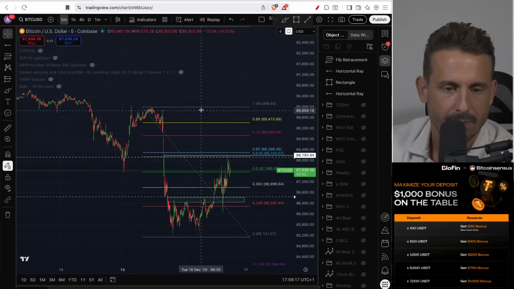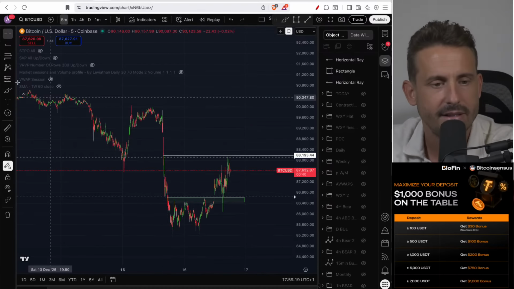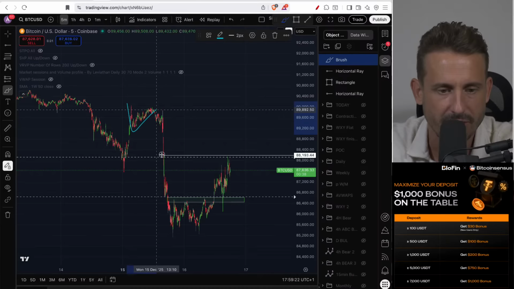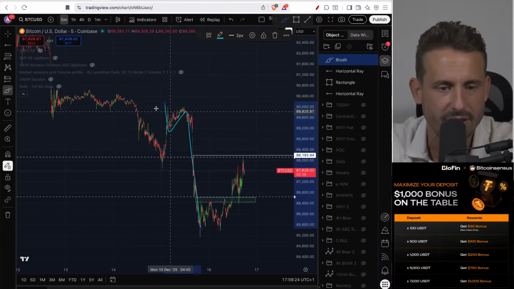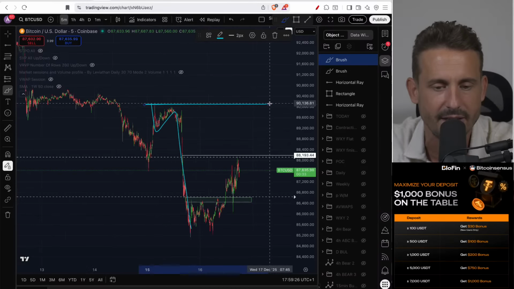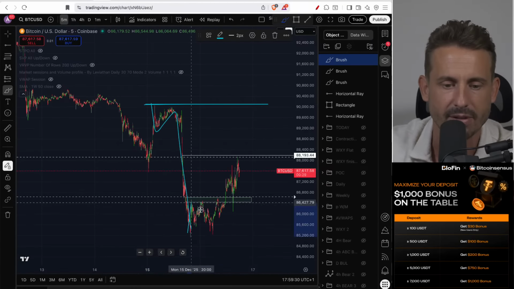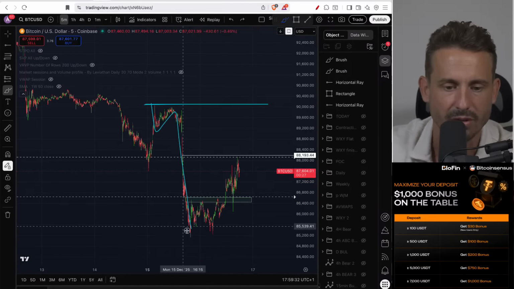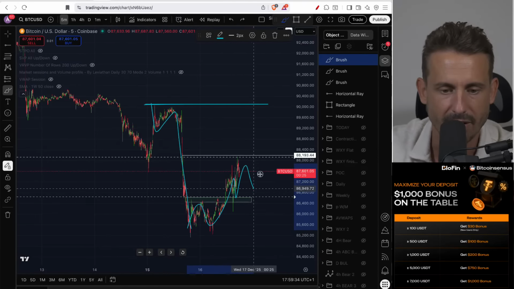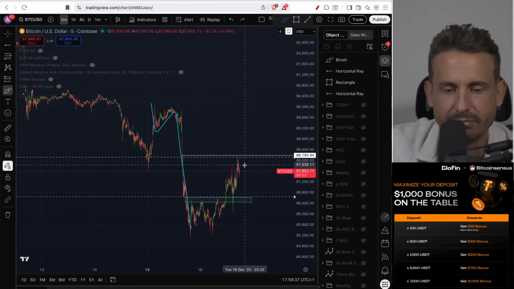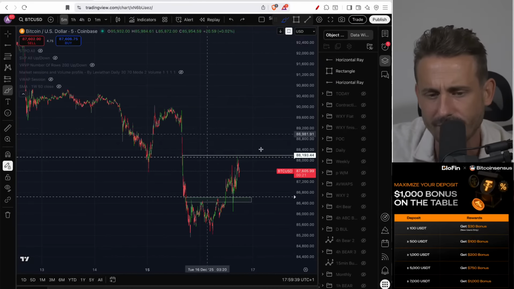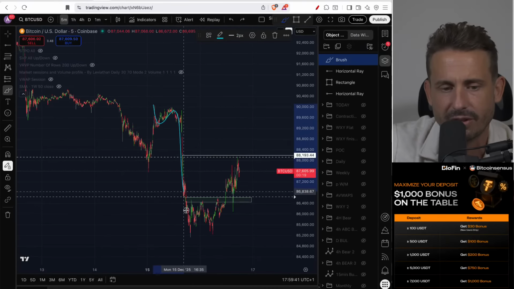So the thing is, if you formed a 3-wave structure, you have a chance to hit the highs at 90k later on, right? Despite whatever happens here, might be multiple 1-2s, and then another higher low here, and then move up. But I just don't like it because of this structure, right?